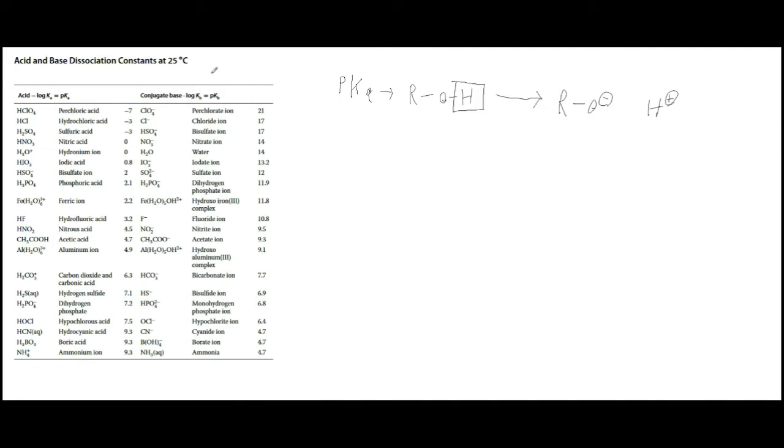And so I just wanted to show that there's this pKa table here.